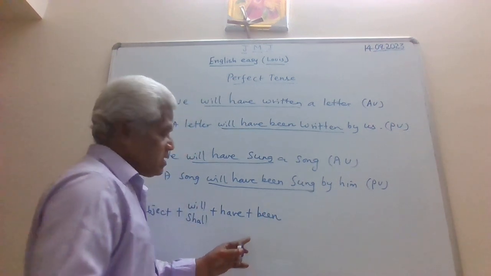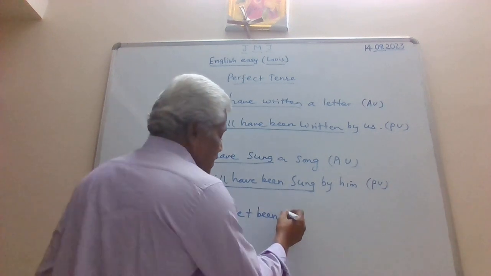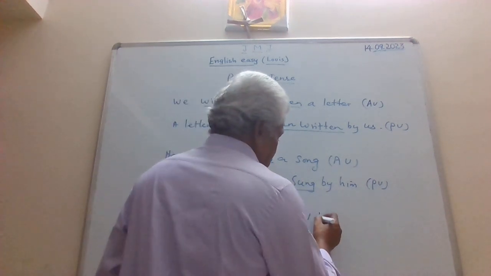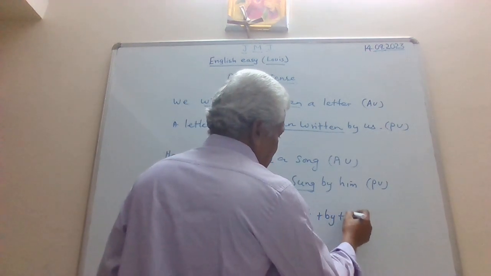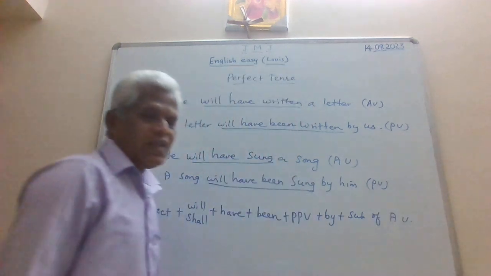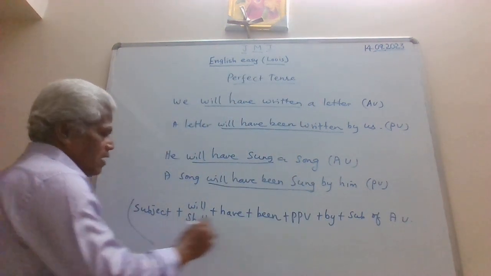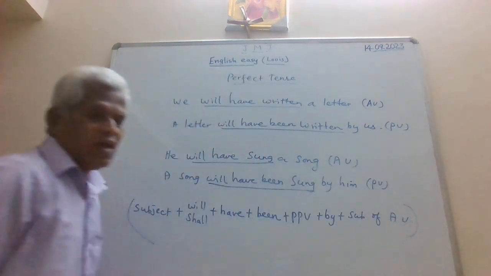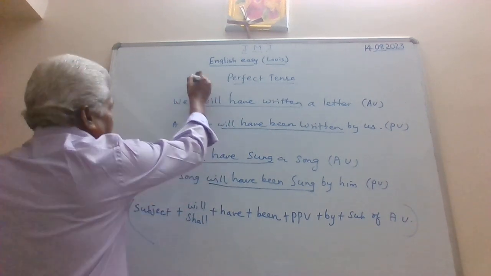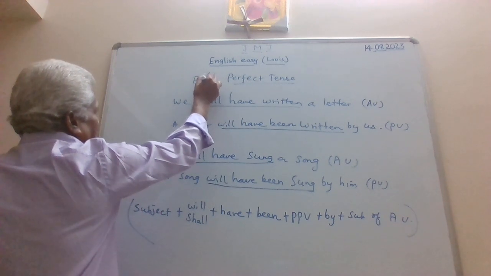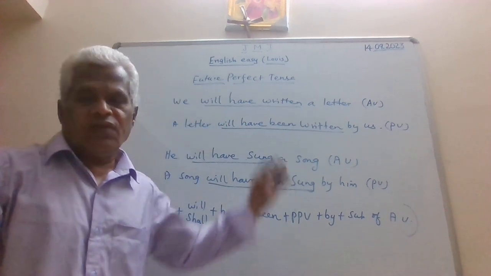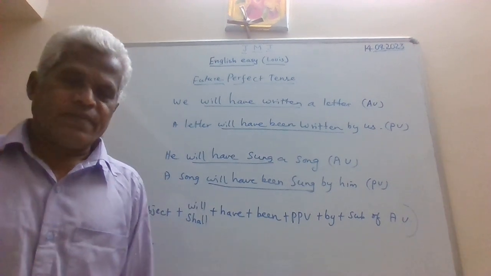To introduce past participle, we need to use the verb been here, and then past participle form of the verb, then the preposition by, and then the subject of the active voice. So this will be your rule, your formula for future perfect tense.